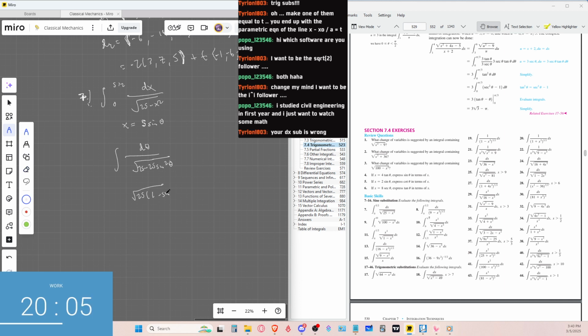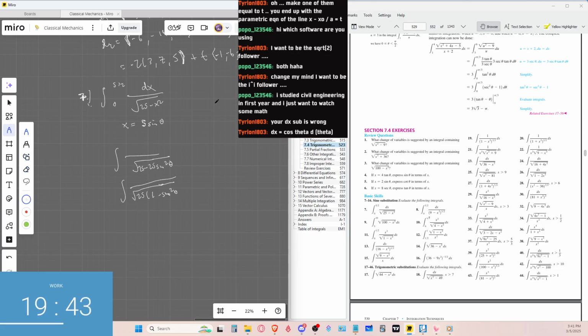1 minus sine. Oh yeah, right. I forgot. You have to do a little trick with dx is equal to, because x is supposed to be this, right?